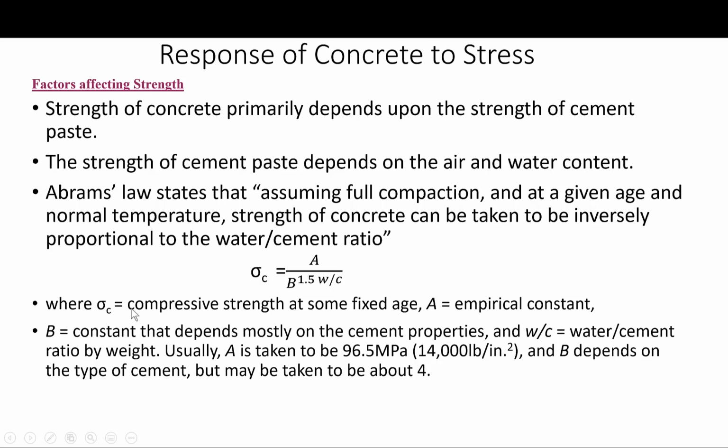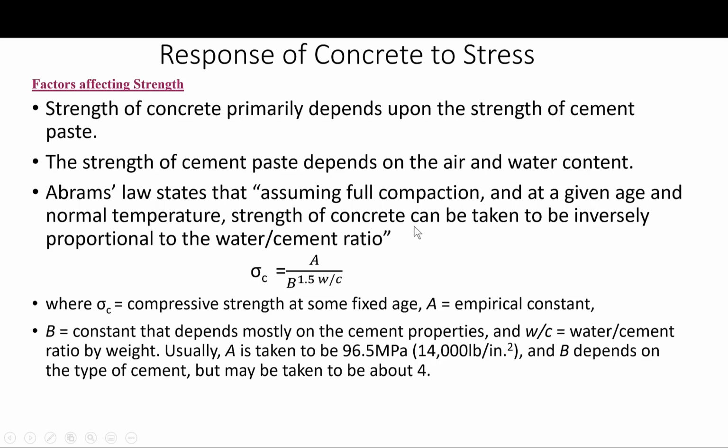Where sigma sub C is the compressive strength at some fixed age, A is an empirical constant, B is a constant that depends mostly on the cement properties, and W over C is the water cement ratio by weight.